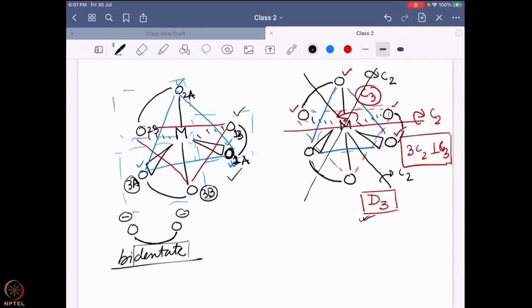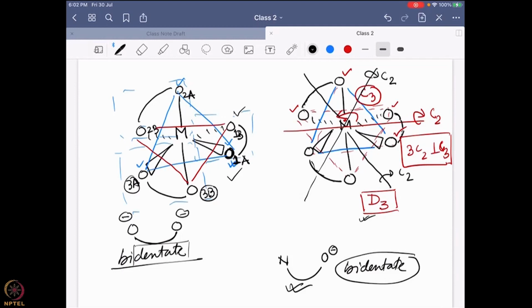For example, if you use one end amine and one end carboxylate, the ligand is still bidentate but not symmetric. If you make a molecule with three of these ligands, it looks very similar, but you might lose the C2 axes. So that molecule will belong to the C3 point group.